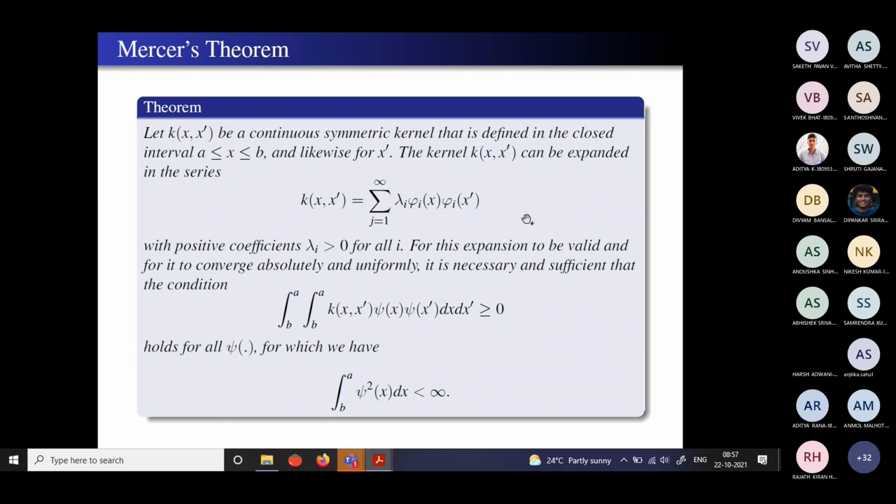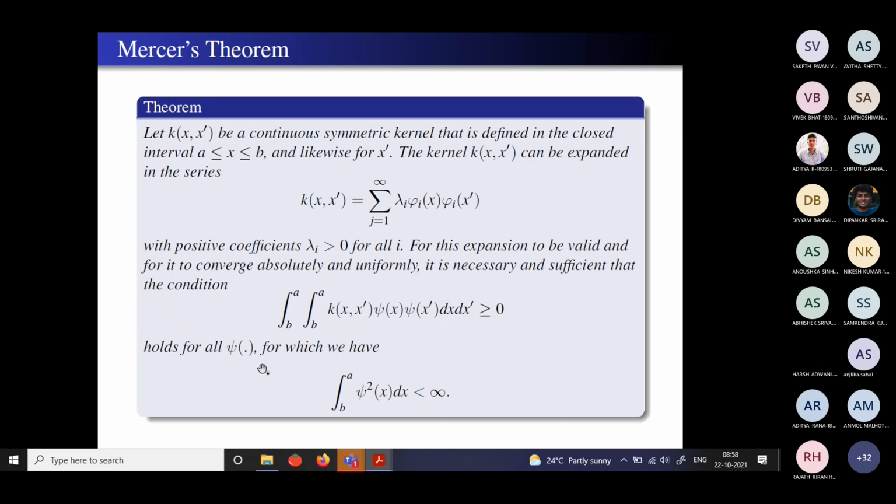Now for this expression to be valid and for it to converge absolutely and uniformly, it is necessary and sufficient that the double integral over a to b of K(x, x') psi(x) psi(x') dx dx' should be greater than or equal to 0.